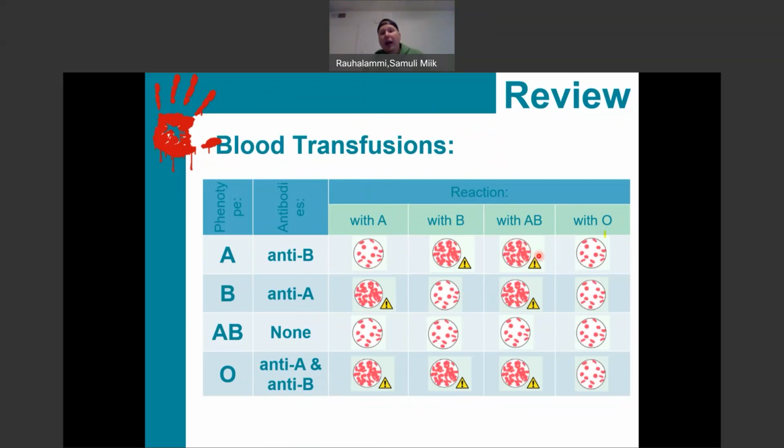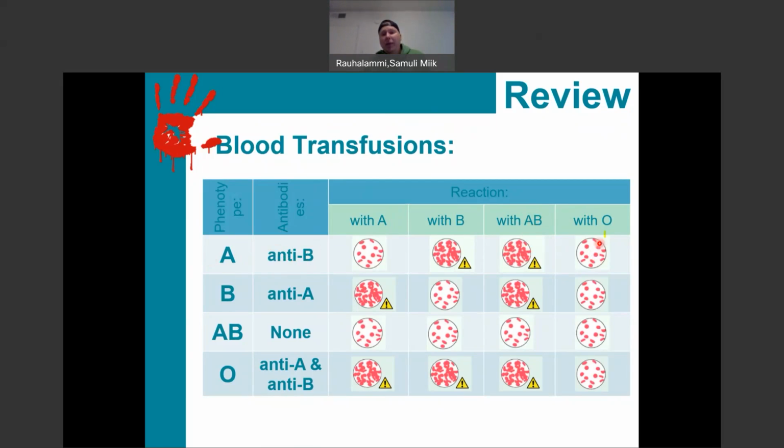The same happens if the donor is AB, because the A part would be okay, but the B antigens on the surface of the donor's red blood cells cause a reaction with the natural anti-B antibodies in the recipient's blood, and there is agglutination.